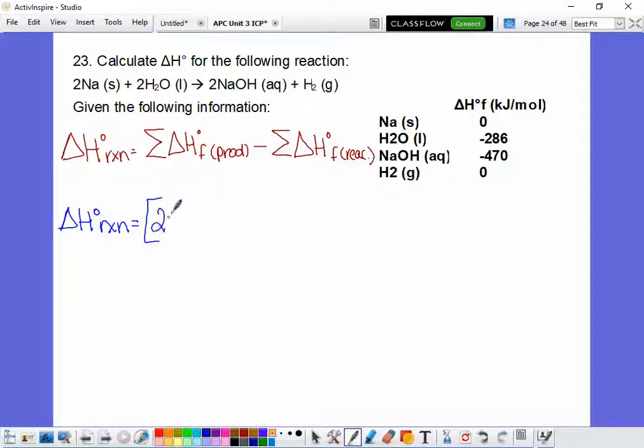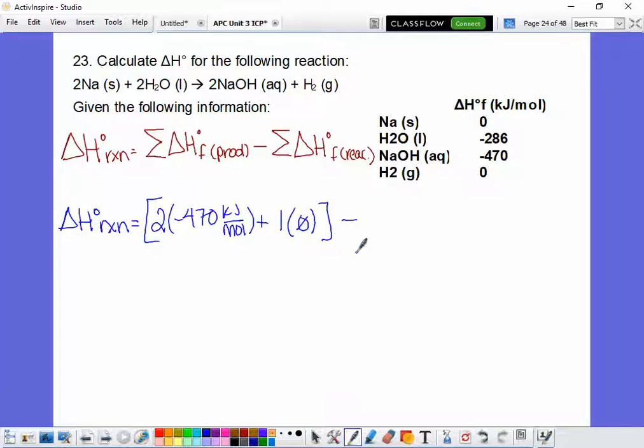So 2 times negative 470 kilojoules per mole, plus hydrogen, which is 0. You don't actually have to write that you're doing 1 times 0, but I'm going to for the sake of the notes.